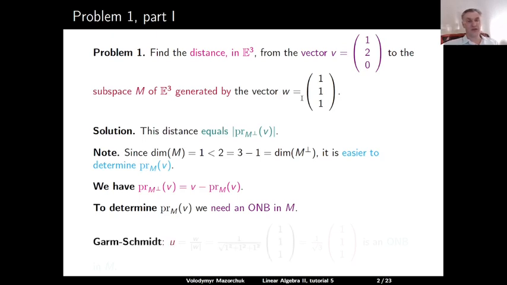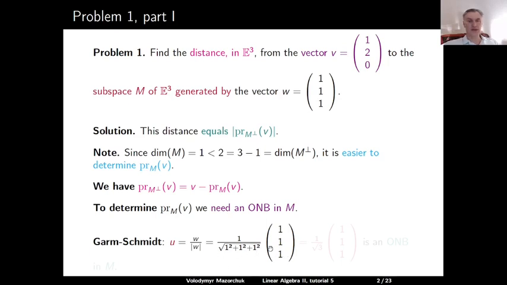So now we can simply use the very easy version of Gram-Schmidt's method. To get an orthonormal basis of M, we only need to norm the vector W. So we take the vector W and divide by its length, and the obtained vector will be denoted by U. The vector W is 1, 1, 1, so the scalar product of this vector with itself is 1 squared plus 1 squared plus 1 squared.